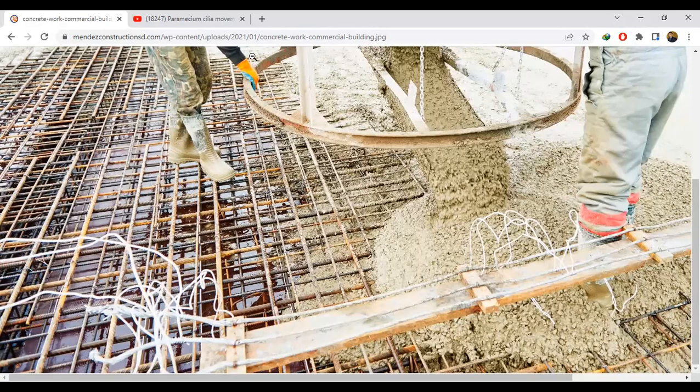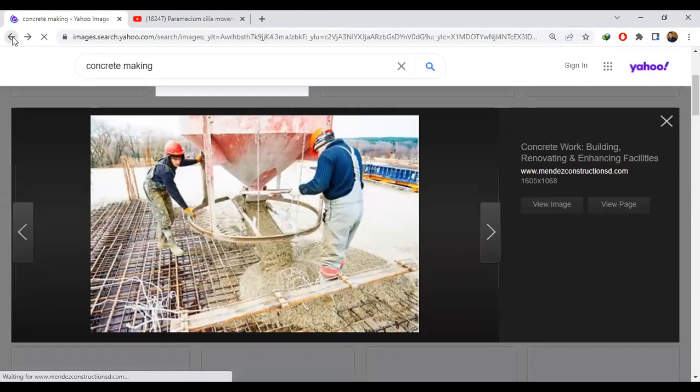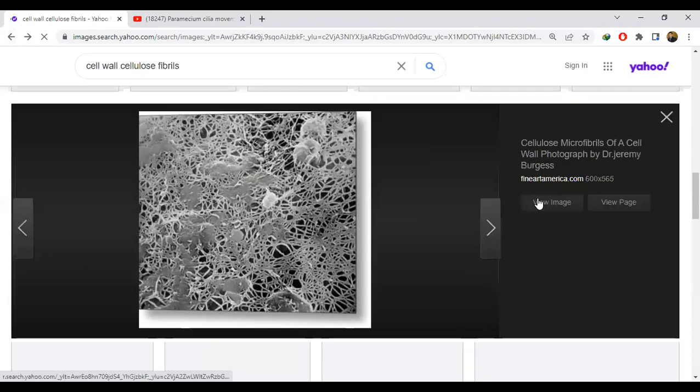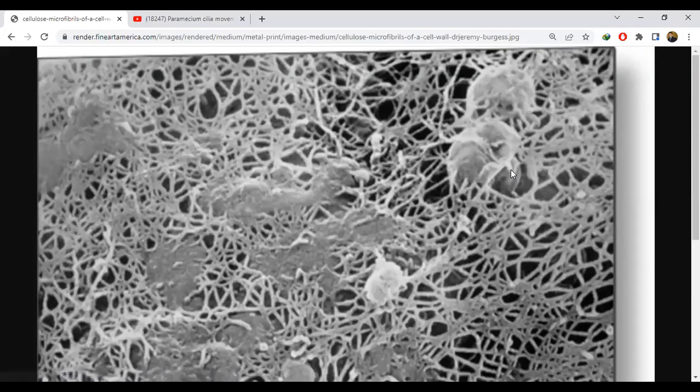So in this diagram, if this is the primary cell wall, on this, if you put cement, what will happen? All these fibers will get tightly fixed together and it will become a fully hard structure, correct? Yes, sir.